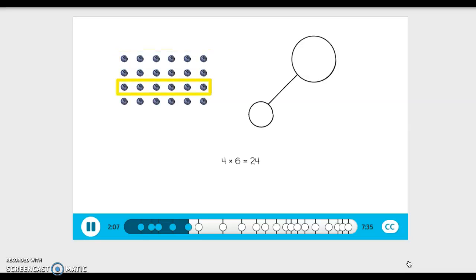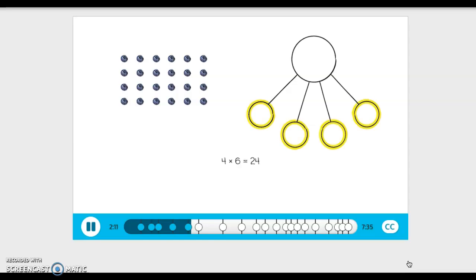There are 4 rows of blueberries, so I made 4 parts coming from the total in the number bond. That's right. There are 6 blueberries in each row. That's the size of each group.